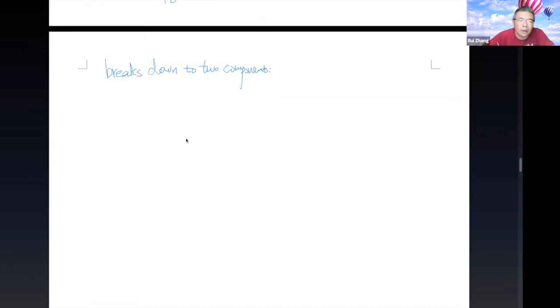Along the vertical direction, it is a free fall.